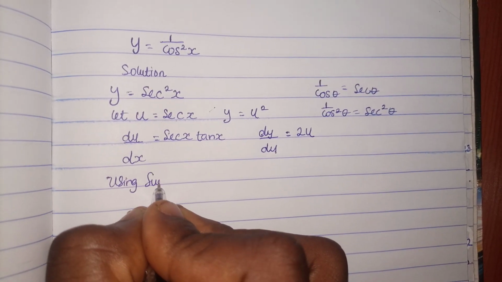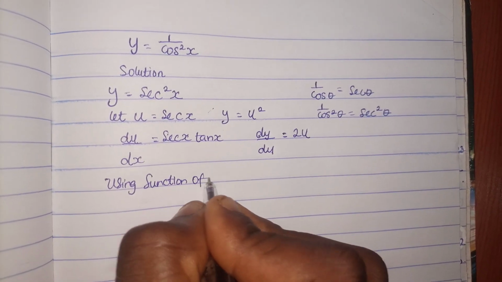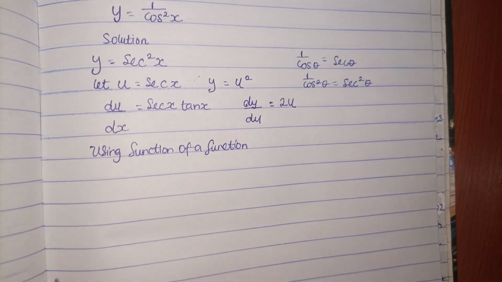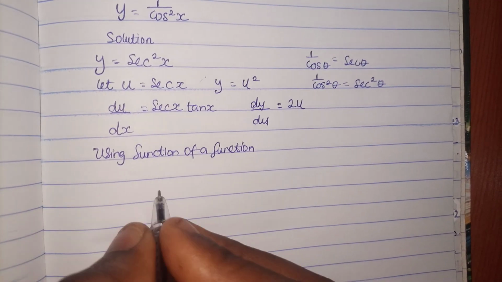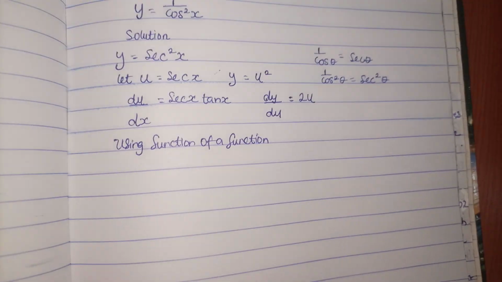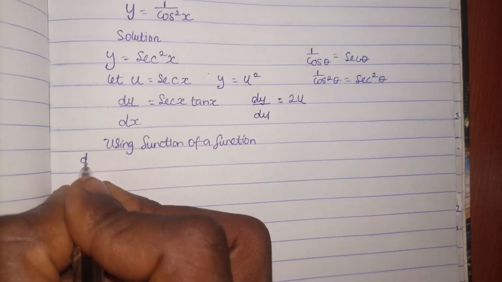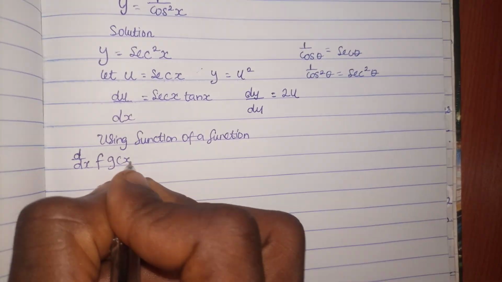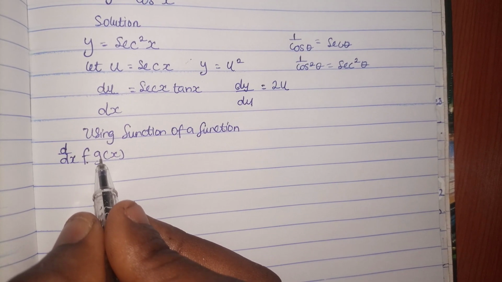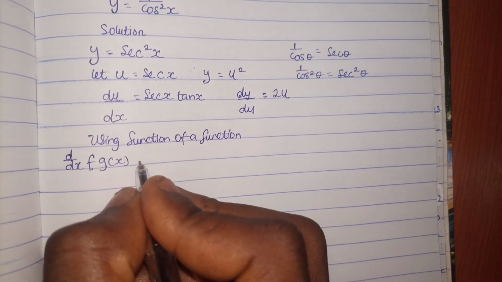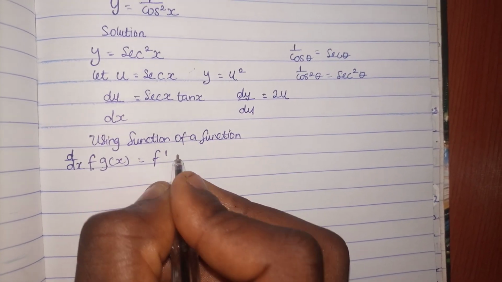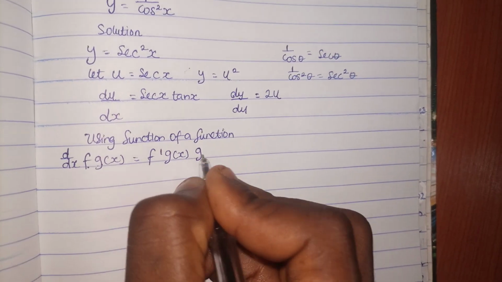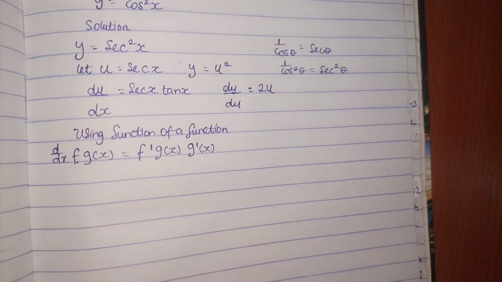So using function of a function, or you can call it the chain rule. You know that the chain rule is telling us if you have d over dx of f of g of x, a function and another function inside another function, that is equal to f prime of g of x multiplied by g prime of x.